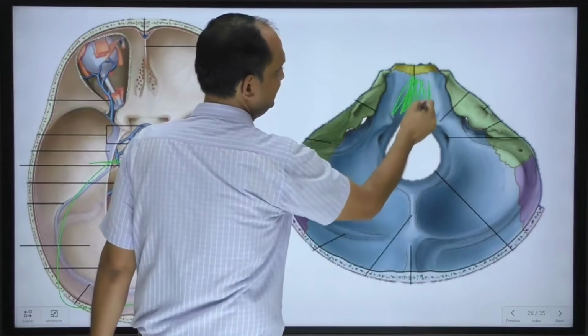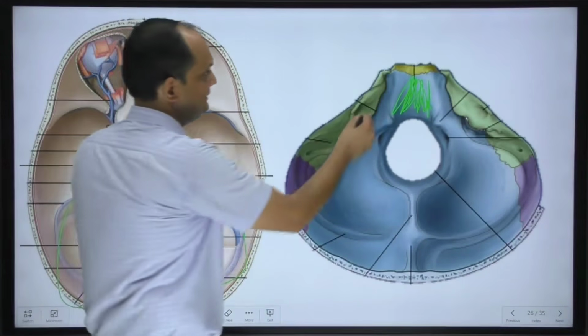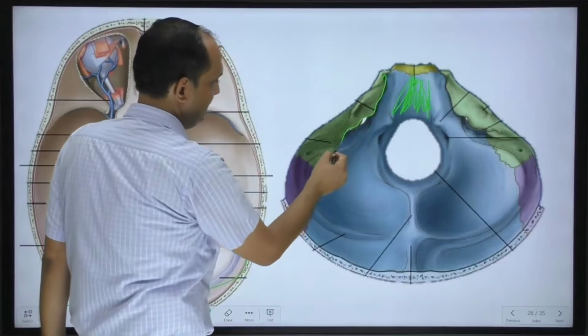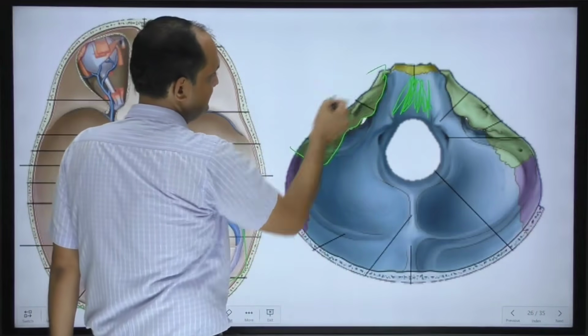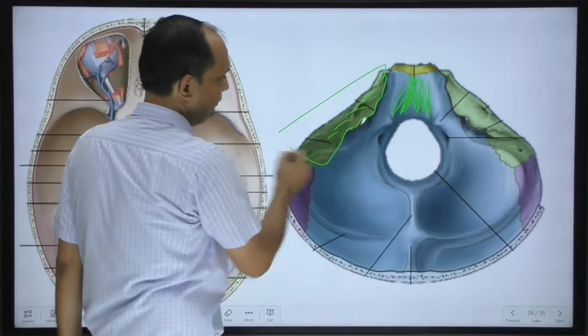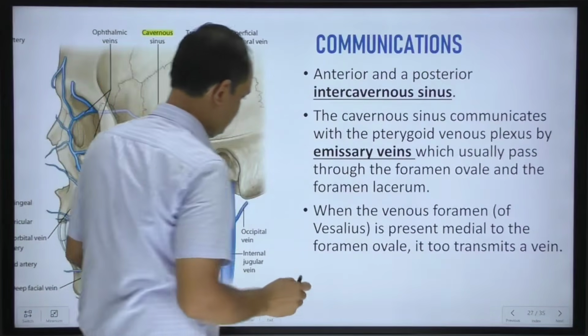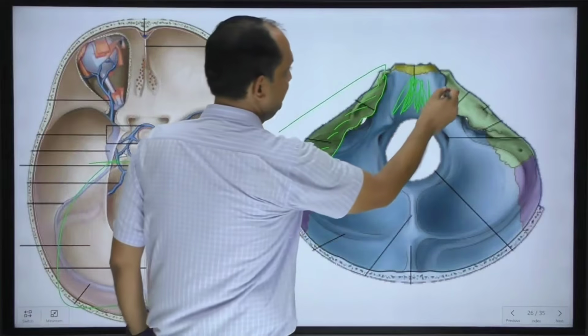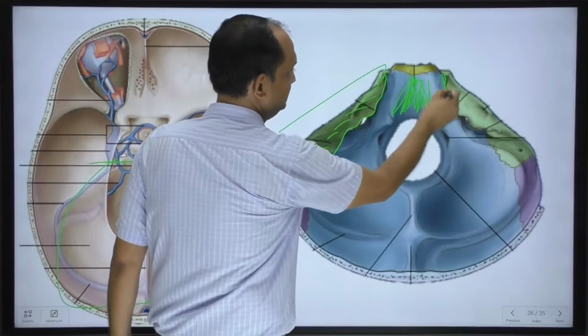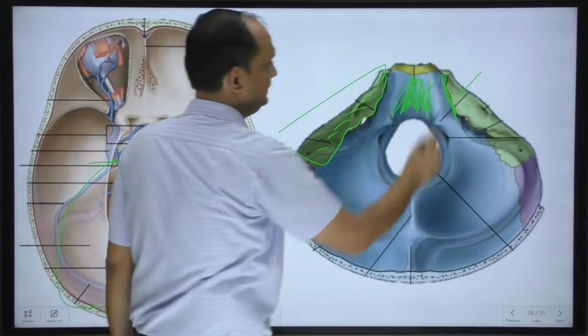This is known as the clivus. And this is the petrous part of your temporal bone. Which bone is this? This is the petrous part of the temporal bone. Now in between them you have this groove, and this groove is known as the petroclival groove. That is the groove between the petrous part and the clivus.